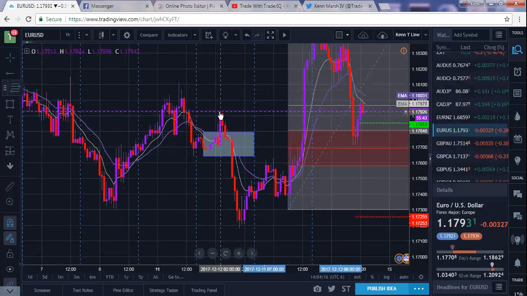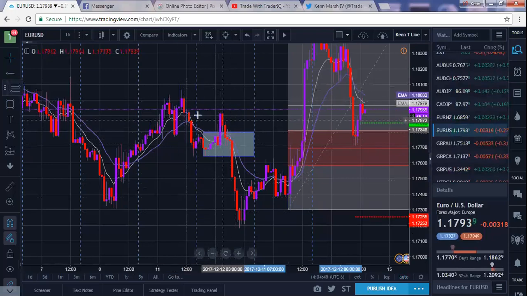This is going to move usually 12 to 15 pips. Then you're going to get your drop. So if you're bearish, you could enter anywhere above the open of the day or above this Asian high or Asian range. And then you're going to sell.